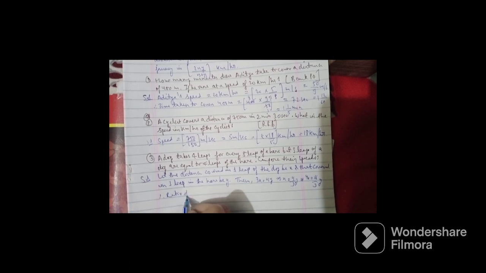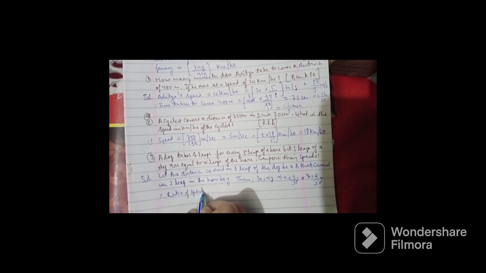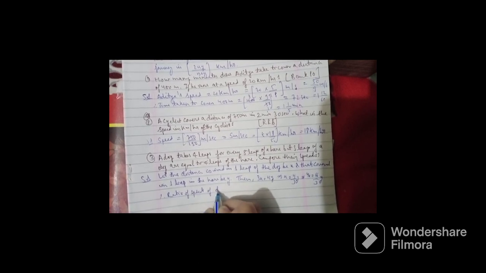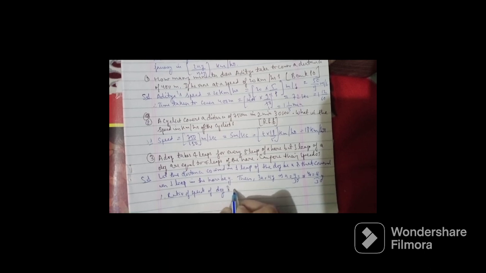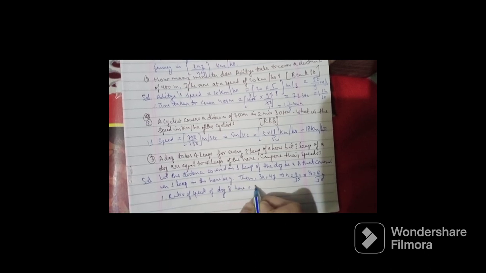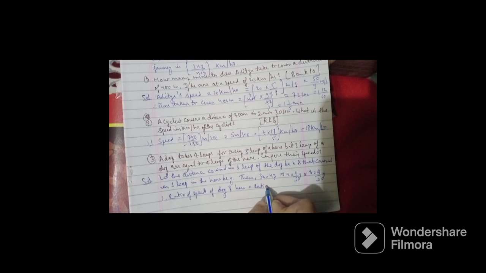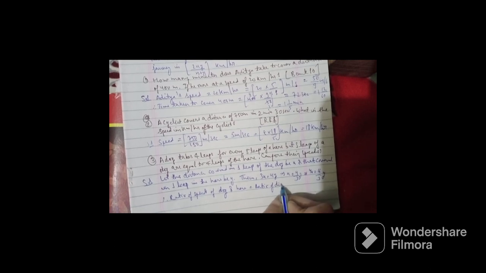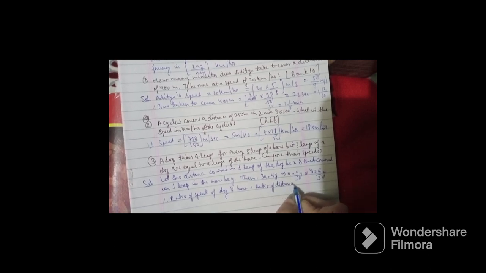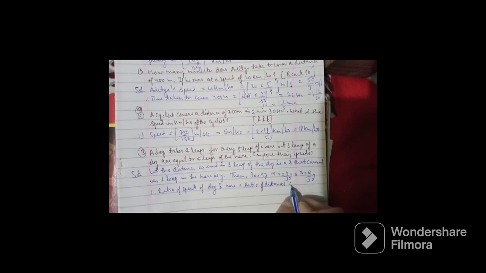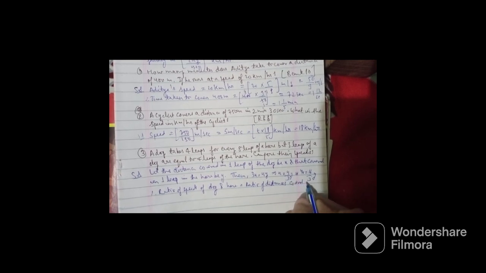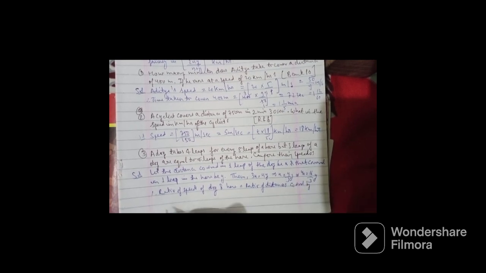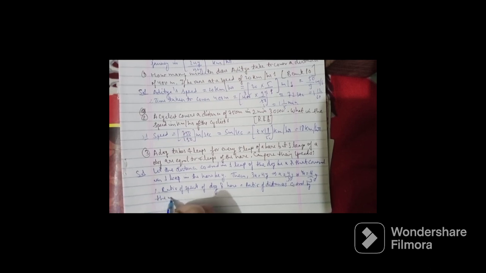Ratio of speeds of dog and hare equals to ratio of distances covered by them in the same time.